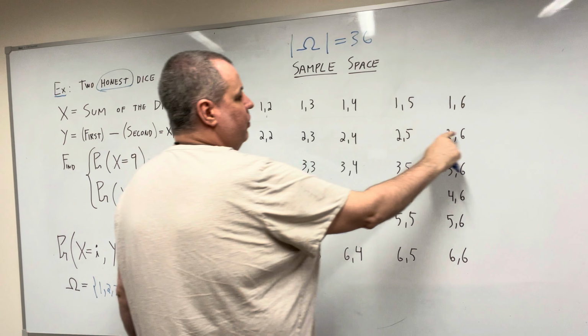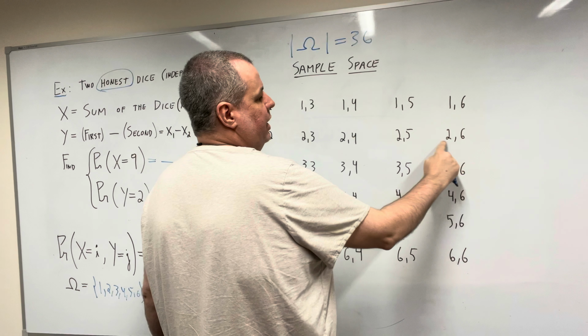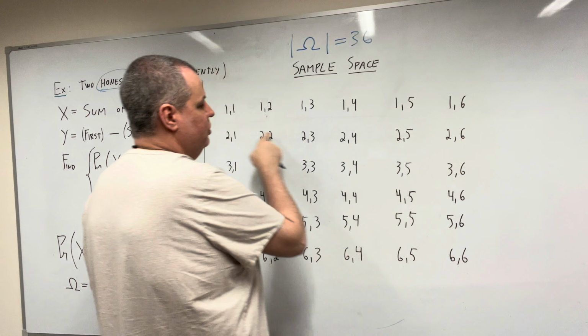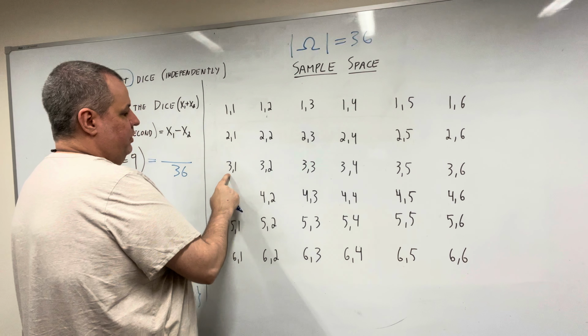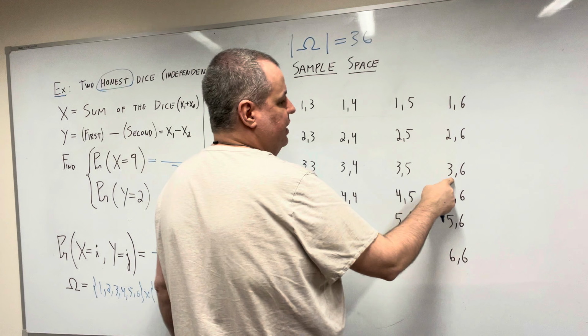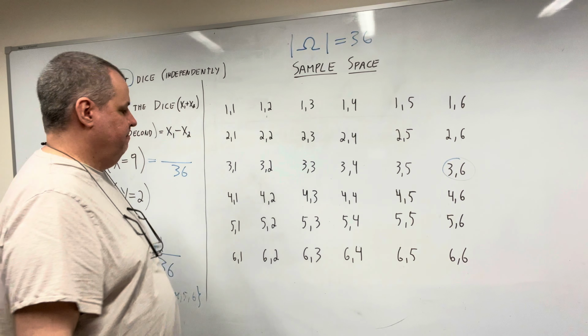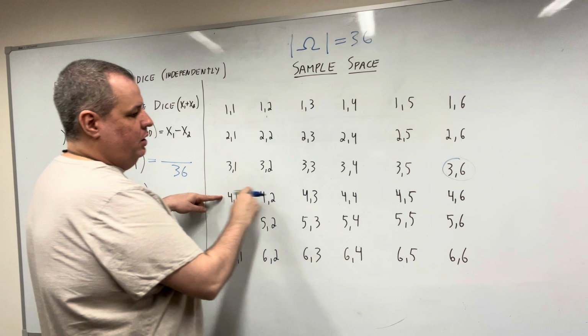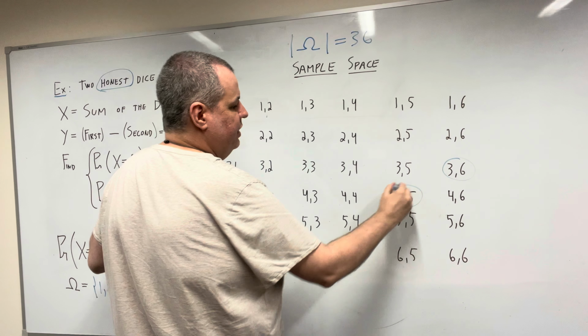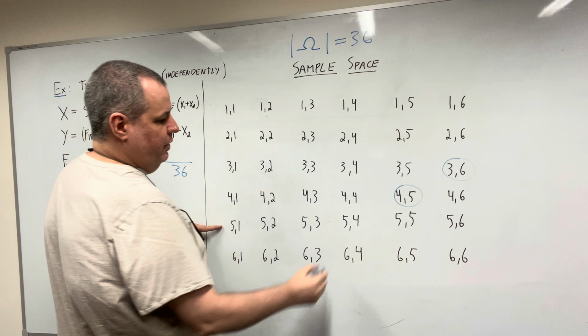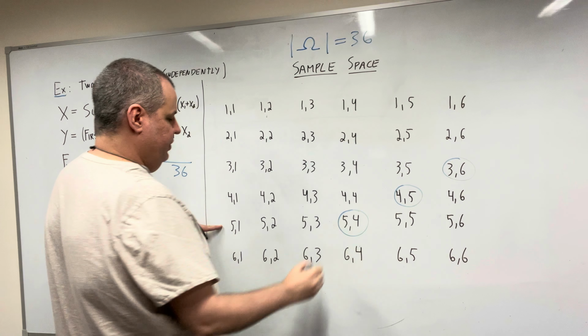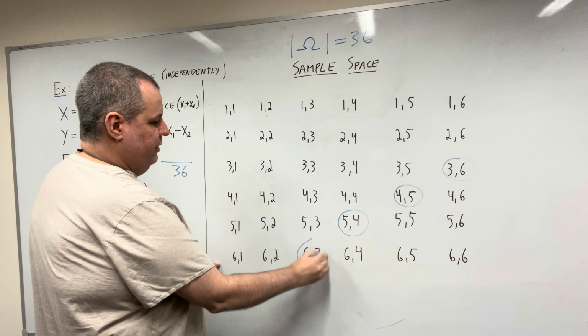The second row. No, here's not enough. That's 8. That's even smaller. With 3, I can get 3 and 6. Yes, so this outcome adds up to 9. In this row here, I have this, and in this row here I have that.